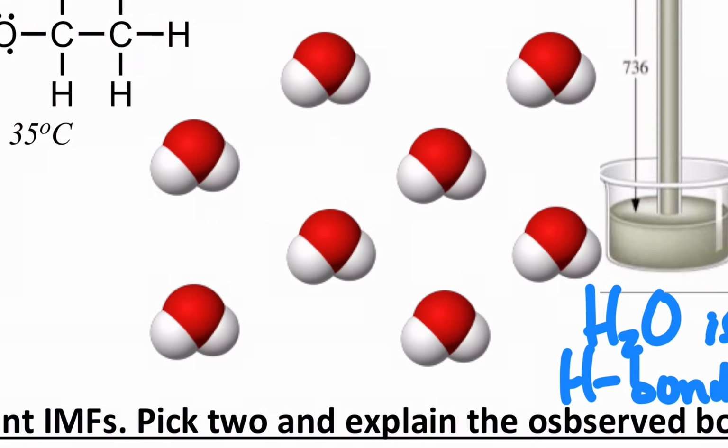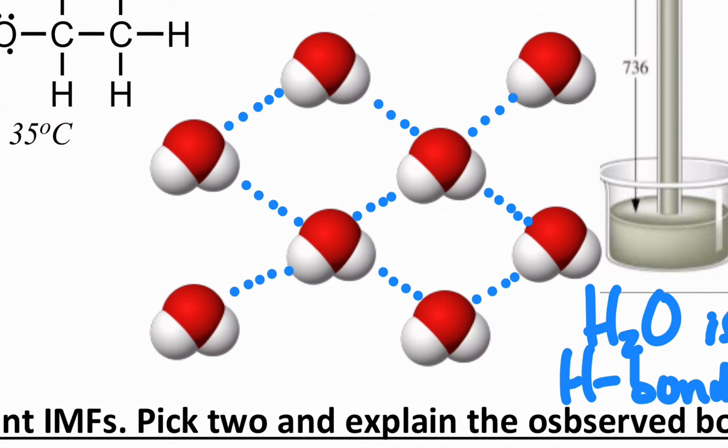So if I have a cluster of water molecules, I can H bond between all of these, I'll draw them as dotted lines, between all of these hydrogens and lone pairs, and every single lone pair will get to participate in an H bond with someone else's hydrogen. Likewise, everybody's hydrogen gets to participate in an H bond with another water molecule's lone pair.